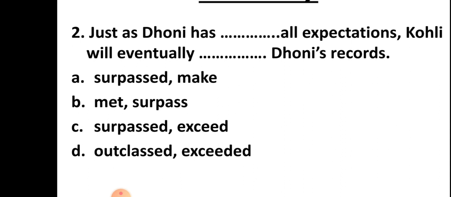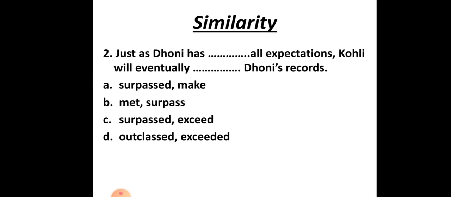You need to use V1 here. I will play, this is what I say; I don't say I will played. I will watch; I don't say I will watched. So here Kohli will eventually exceed is the correct expression, not exceeded. So surpass and exceed, these two are the correct answers. Option C is the correct answer.